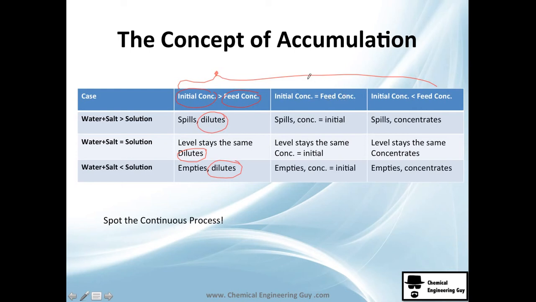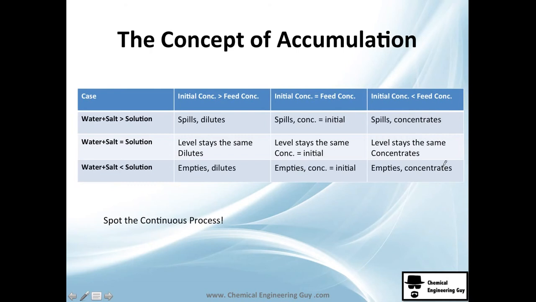Now, what happens when the initial concentration of the tank equals the feed concentration? The concentration will stay the same, equal to the initial. And finally, guys, what will happen if you have a larger concentration in the feed than the initial concentration? It will concentrate, of course. You're adding a concentrated feed, so with time you're going to concentrate it.